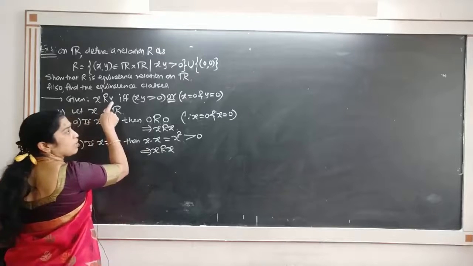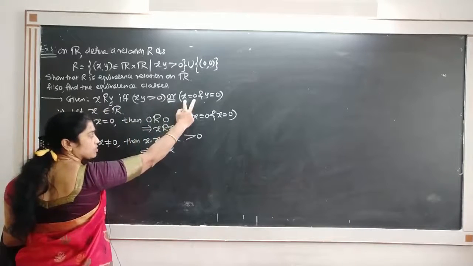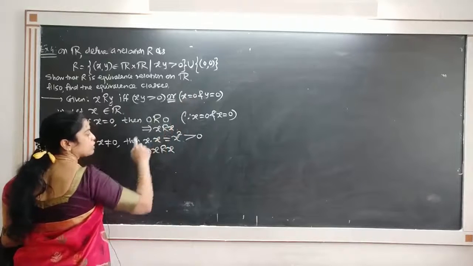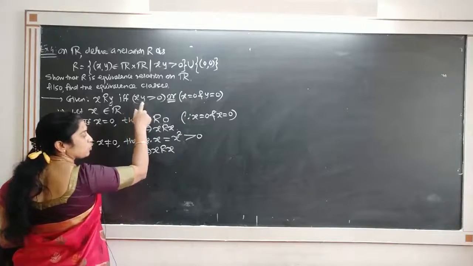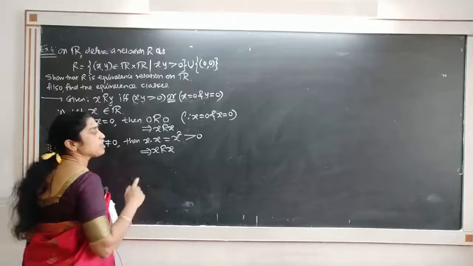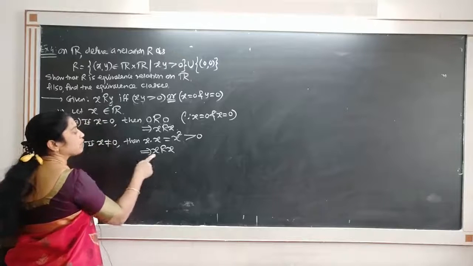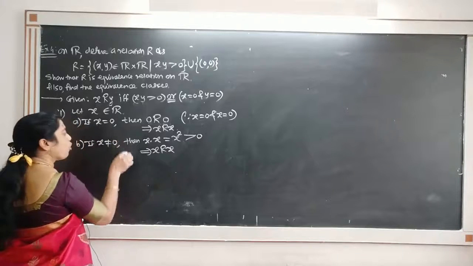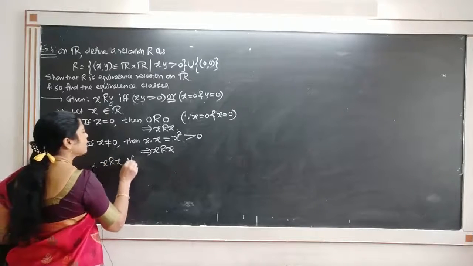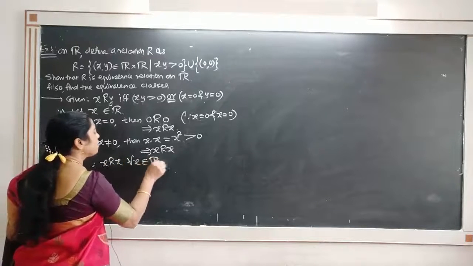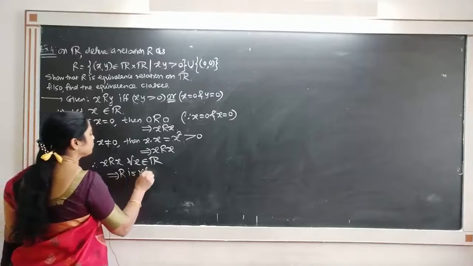The second condition is not satisfied because x is not 0, but the first is satisfied because x square is always positive. So in both cases x is related with x for all x belonging to real numbers, which implies that this relation is reflexive.